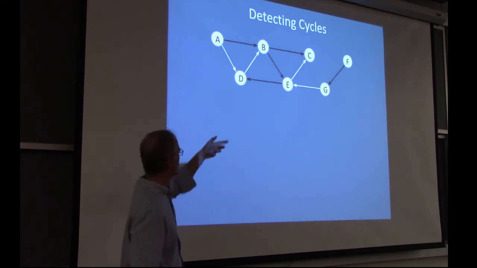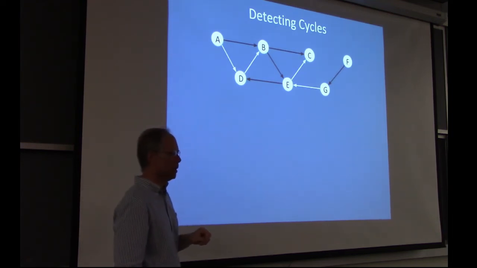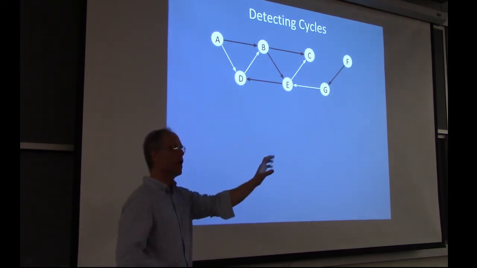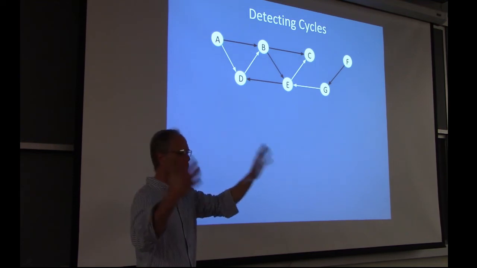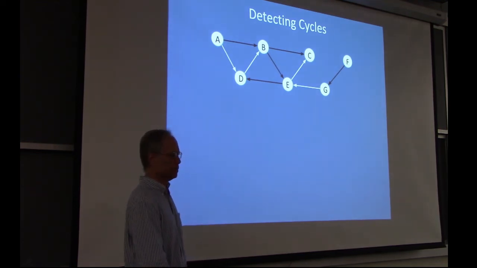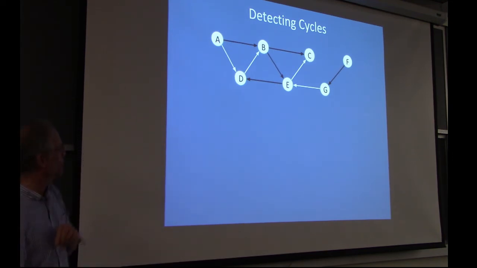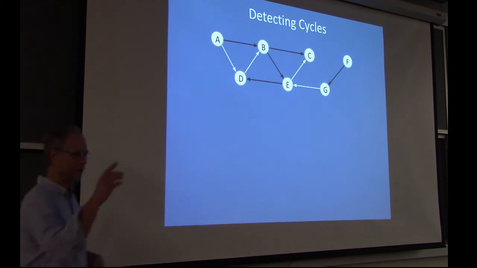And so the times for D will be sandwiched by B. So if you are at a vertex and you discover an edge to another vertex that has a pre-time but not yet a post-time, you know right then it's a back edge. So if you're at a vertex like D and you see a vertex B that has a pre-time but not a post-time, you know that's a back edge and you know the graph has a cycle. So you don't even have to compute all the times. You can detect it as you're going.